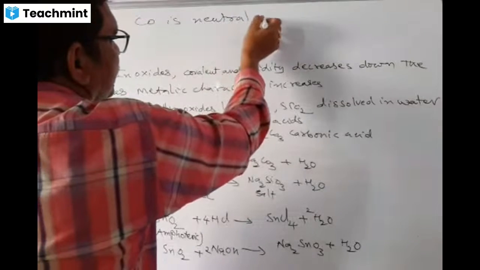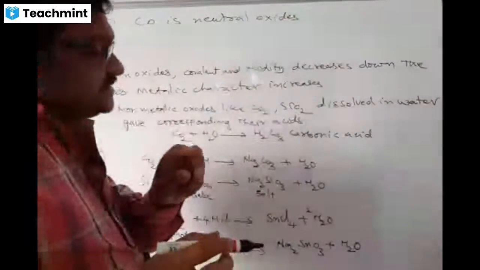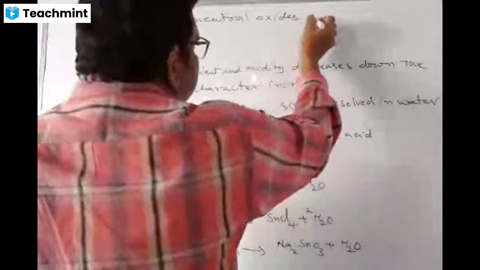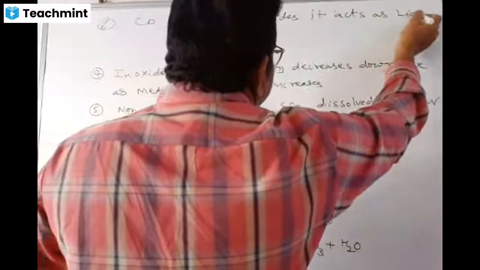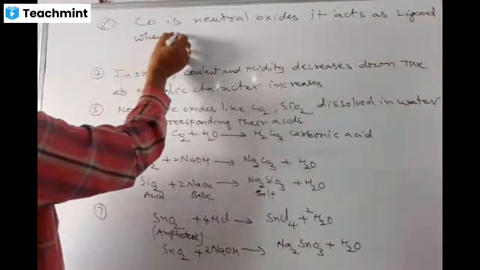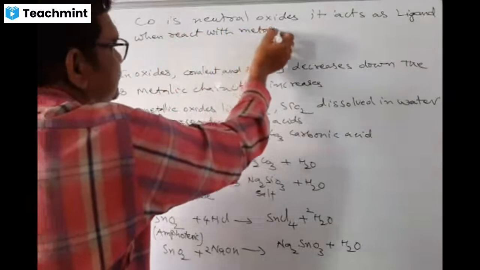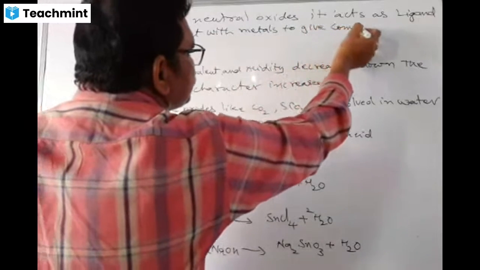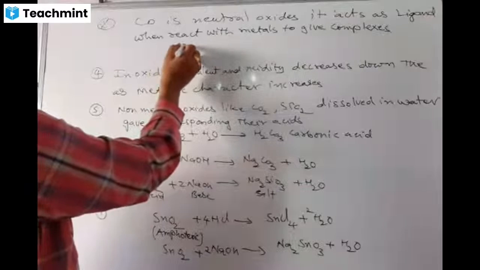It donates an electron pair to the metal, so it behaves as a ligand and reacts with metals to give complexes.